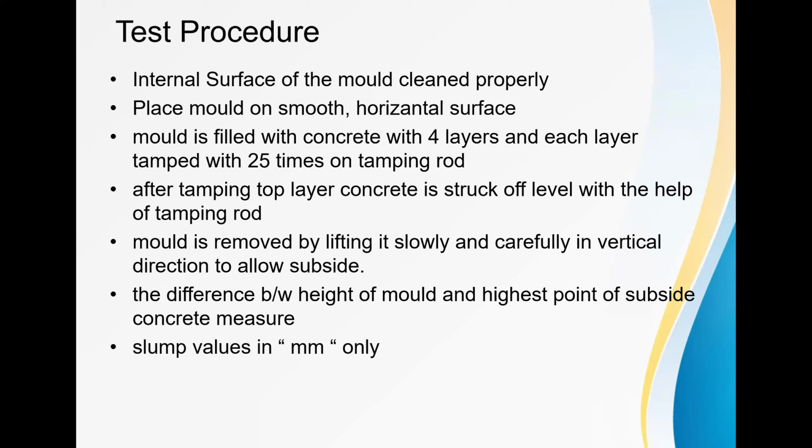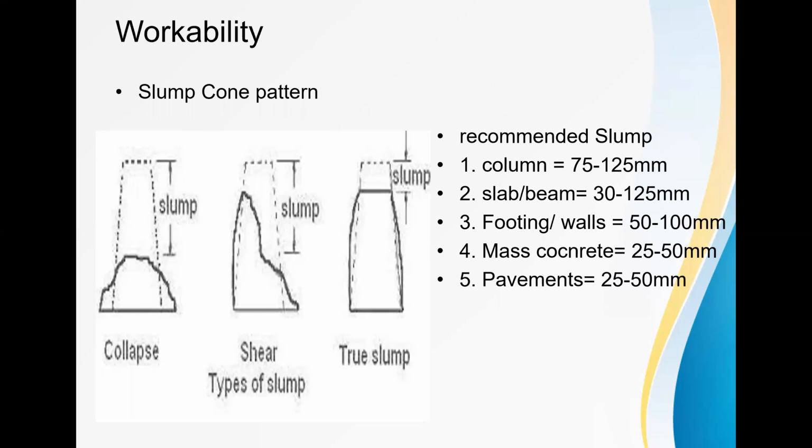The slump is always measured in millimeters. Then, after removing the mold, how does the concrete surface subside? We see three different types of slump. One is the true slump, where the difference between the mold height and the subsided top level is the slump.